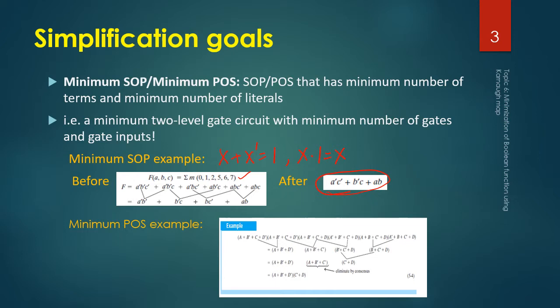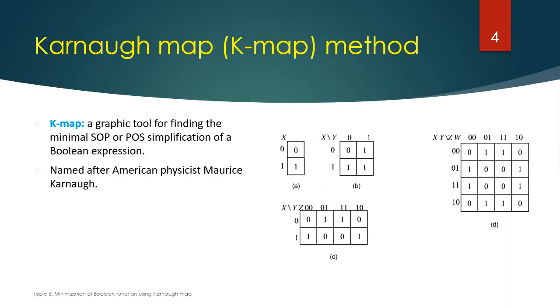And also, in many cases, it's easy to ignore some of the terms that can be simplified. So is there a better way to do the simplification so we won't miss any possible simplification terms? To solve this issue, people invented the Karnaugh map method.